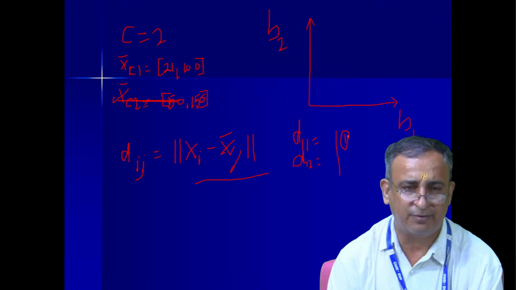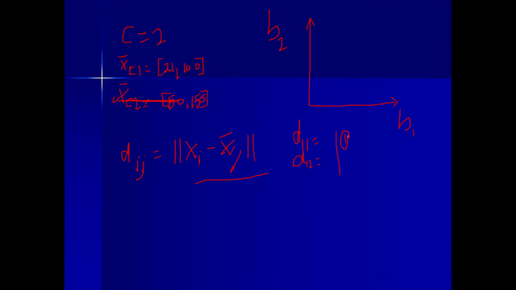So now you have new means for cluster 1 and cluster 2. Initially the mean was here for cluster 1, and now it is coming somewhere here, so you can see there is a shift of cluster 1. In the same way for cluster 2, maybe it was assumed here, and then the value came here. So it is shifting.